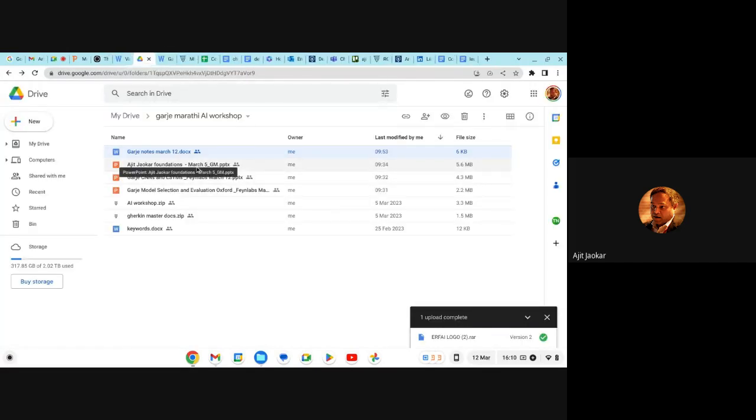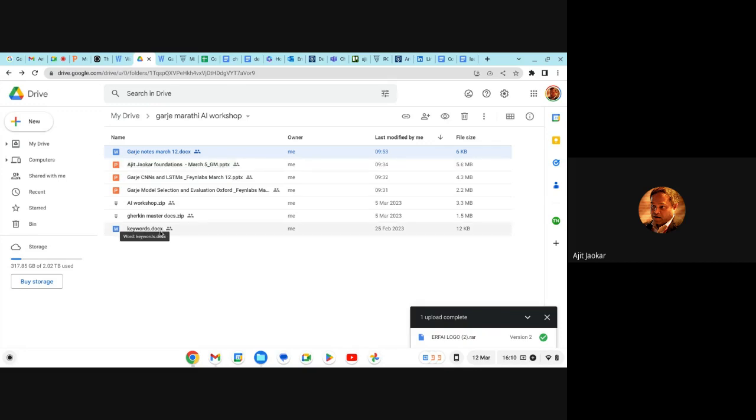Then these were the foundation notes from the first session. These two are from the second session. This one I have not yet done, the evaluation metrics, which I will do right now. And this one was all the other notes I had. So we had keywords, we had the Gherkins, which we're going to do, and then you had some more documents here. Similarly, the foundations document also had links to other things.